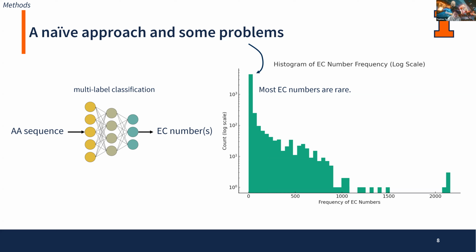However, we can see thousands of these EC numbers on the left peak are pretty rare. They only occur single-digit times across all these 20,000 sequences. So the major issue here is that we're dealing with a very, very biased dataset. We want to somehow change our model to be able to handle the imbalanced dataset.